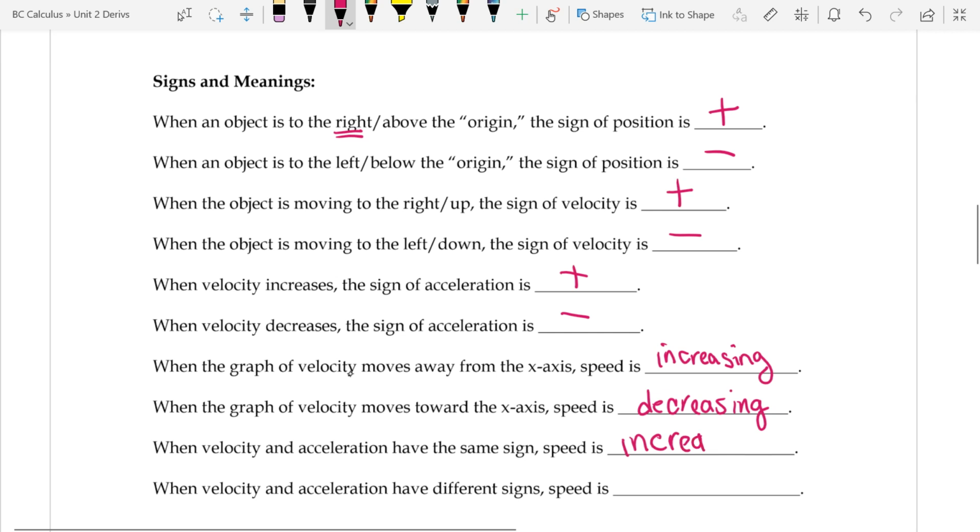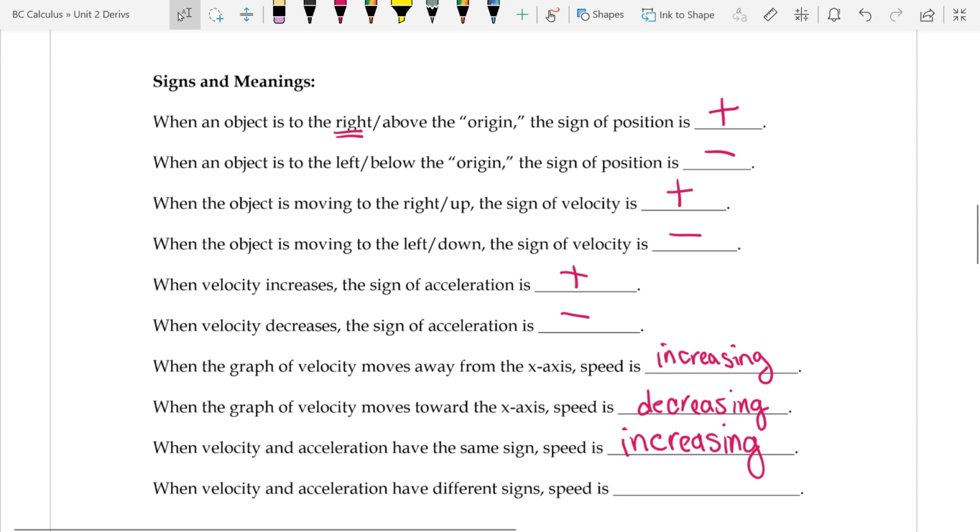When velocity and acceleration have the same sign, that's when you're speeding up. And the easiest way for me to describe that is acceleration is you being pulled. Velocity is you moving on your own. So if you're moving in a certain direction and being pulled in that same direction, you're going to speed up.